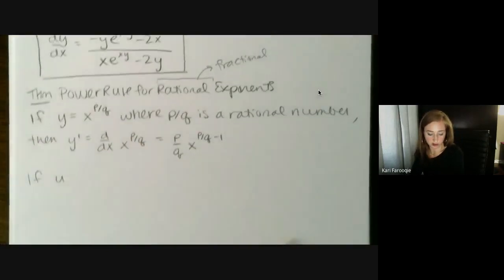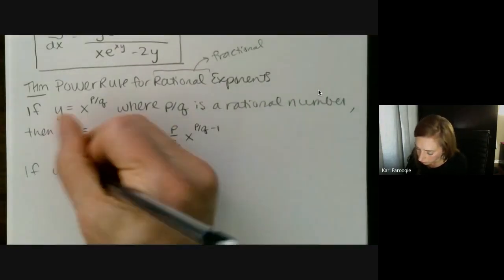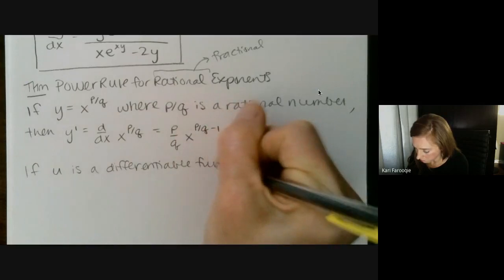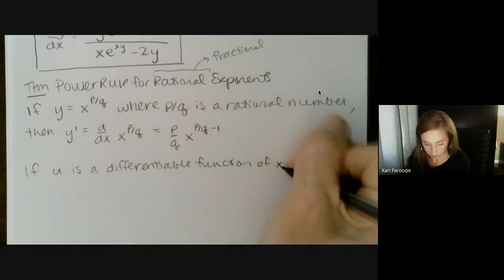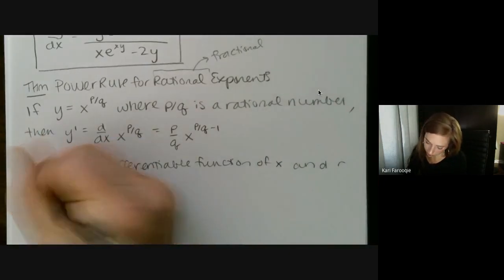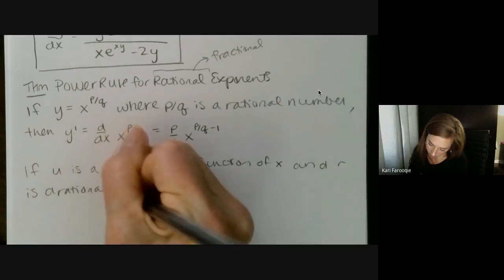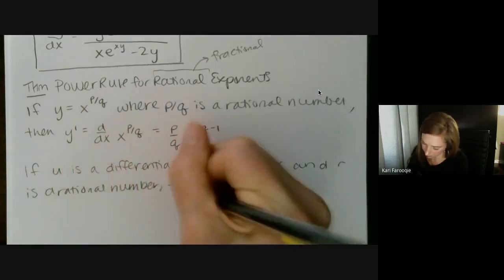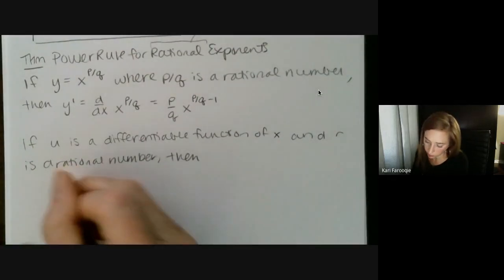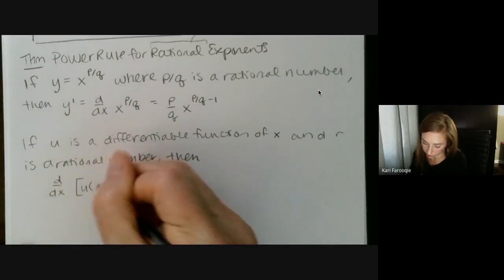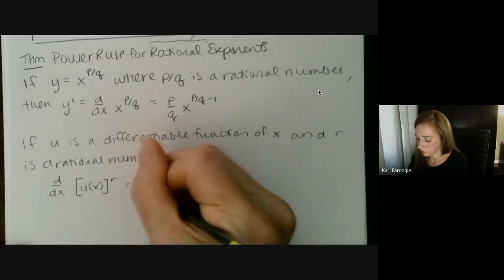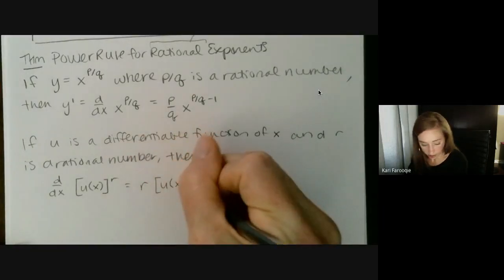So here's the second piece of this. If u is a differentiable function of x, and r is a rational number, then the derivative with respect to x of your function u of x to some fractional power r is equal to r times u to the r minus 1.